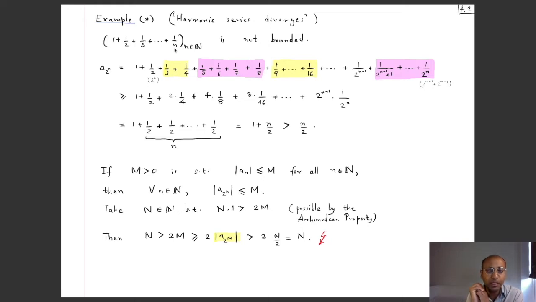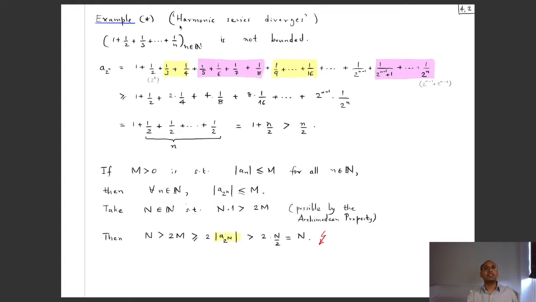For example, at the millionth stage, you will be adding 1 divided by a million. So it's a very, very tiny increment. So it's not clear that if you give me any large real number, the terms of the sequence will eventually exceed that. But in fact, that's what happens. So this sequence is not bounded, and we are going to show that. I have labeled this example with a star because the proof involves a little bit of a trick, but we'll see that it's in some sense quite natural.